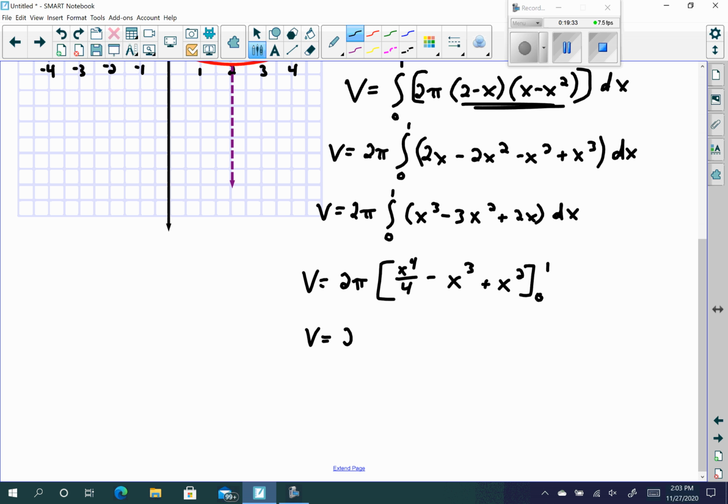So substituting in the 1, we're going to get a 1/4 minus 1 plus 1, and then technically minus a 0. So we get a 2 pi times 1/4, which again is pi over 2 cubic units.